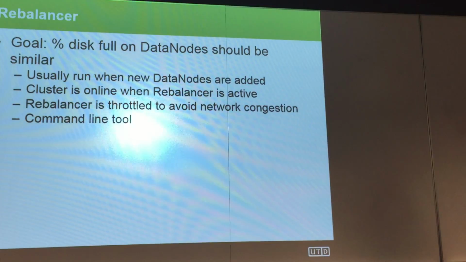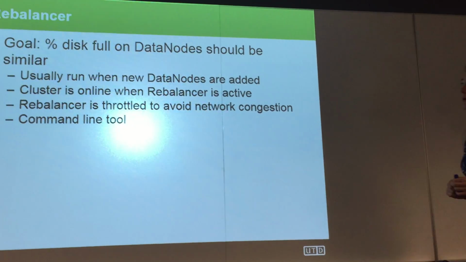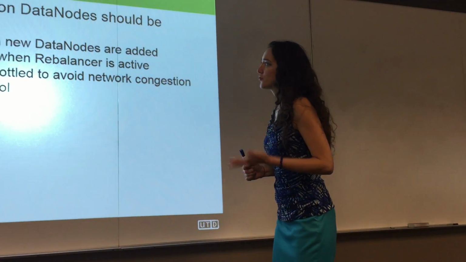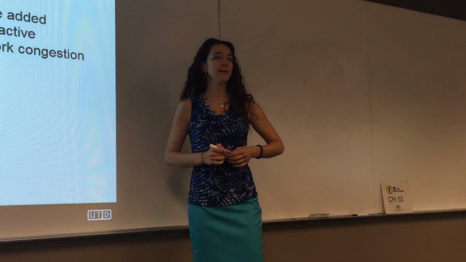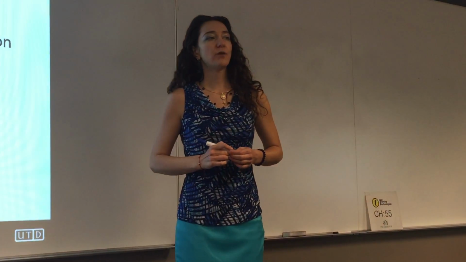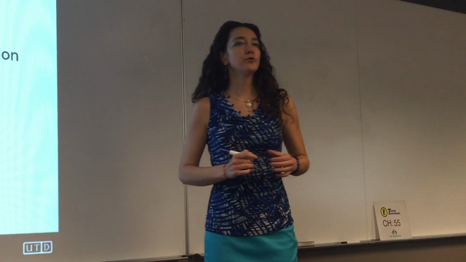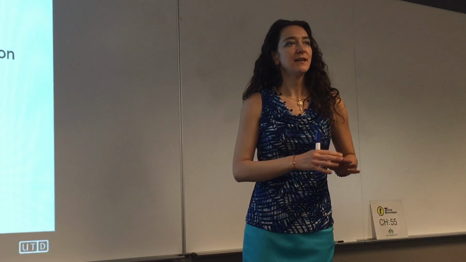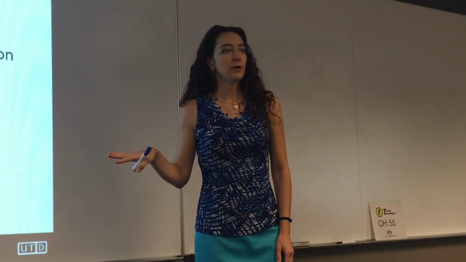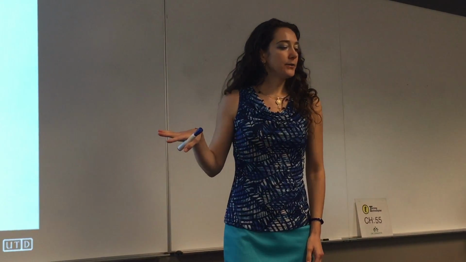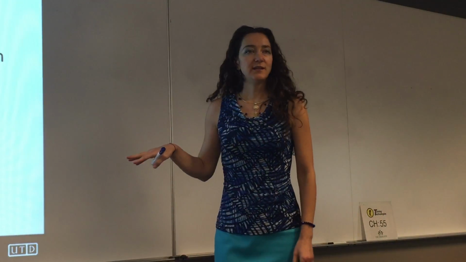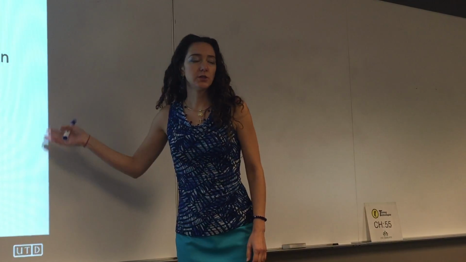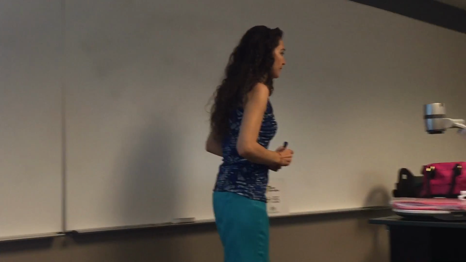So there is a rebalancer, which is a command line tool that can go and check on how the network is performing and if there is any congestion anywhere, and try to use the congested areas less and direct the traffic to other racks and data nodes that contain the same blocks but that are not congested at that time.